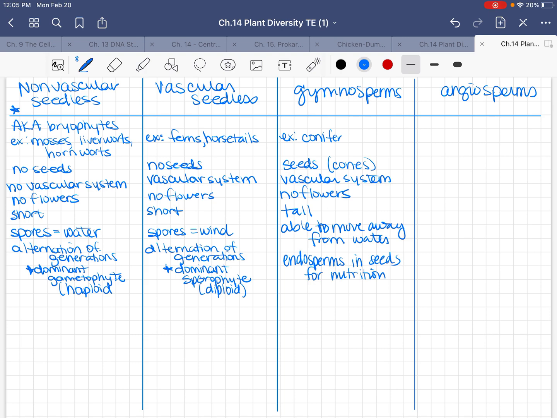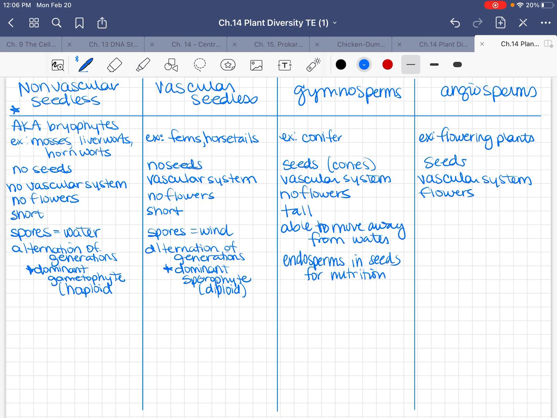Then we talked about angiosperms, and our examples here were any flowering plants. They have seeds, and their seeds can often be found in fruits. They do have a vascular system. They do have flowers, and they can be any height.